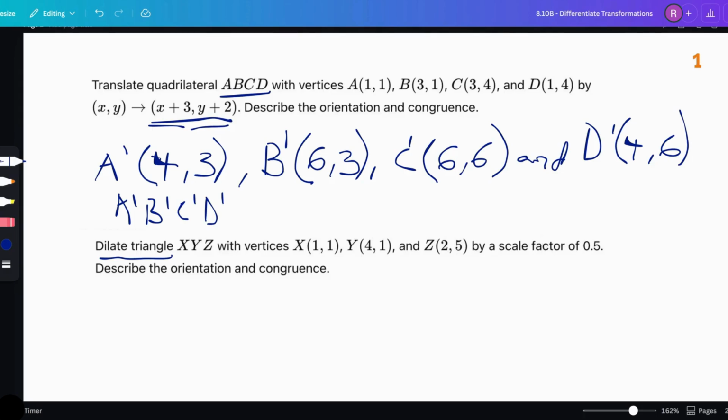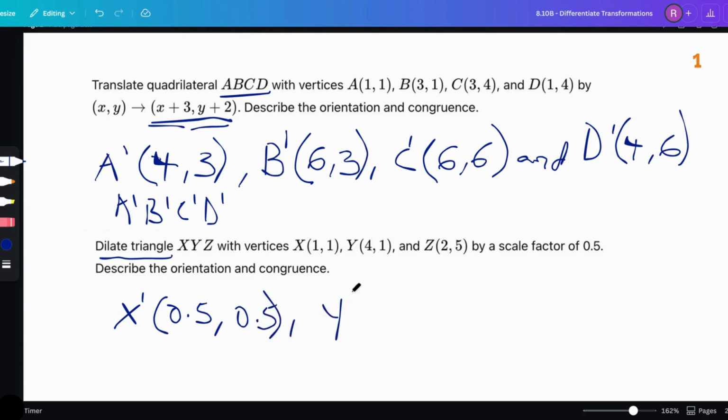For us to dilate this, that means we will be multiplying. X prime will become 1 times 0.5, which is half. So 1 times half will be 0.5, comma, 0.5.